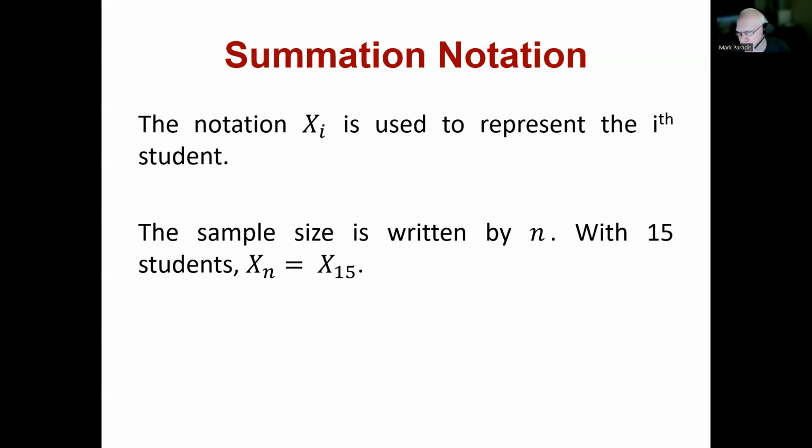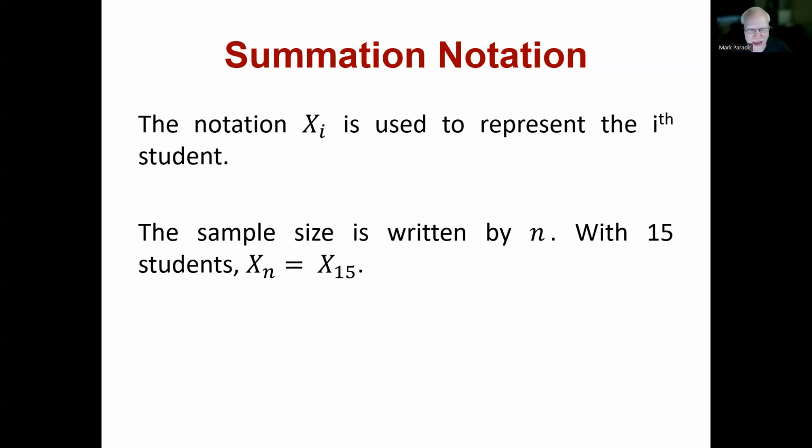And the sample size is written by n, and that's generally the case almost always. So X can change across context, right? There's no particular rule that it has to be X, where it's more conventional, where sample size is pretty much always written by n. So with 15 students, Xn is equal to X15.